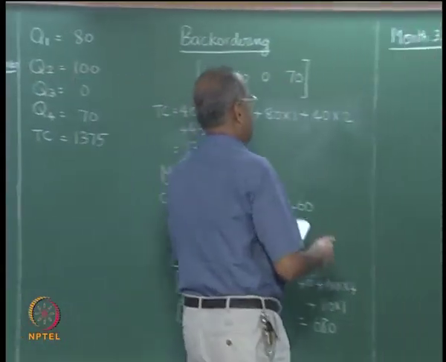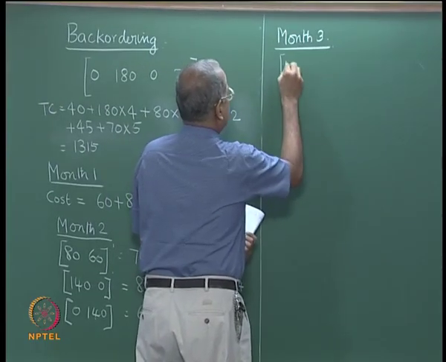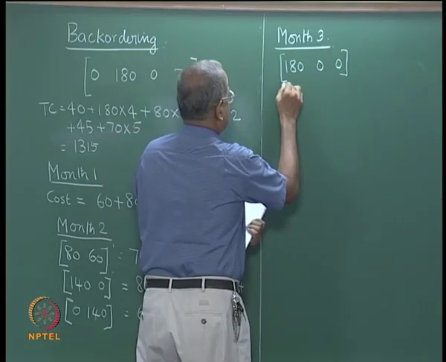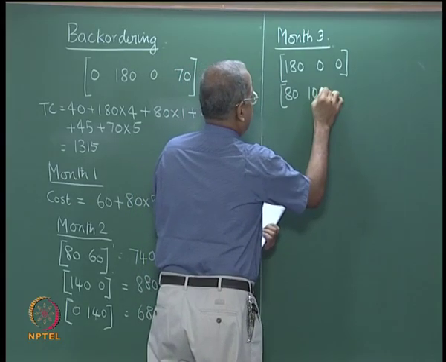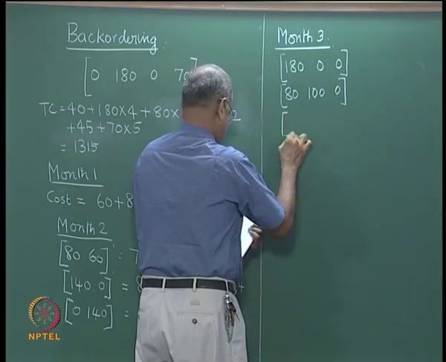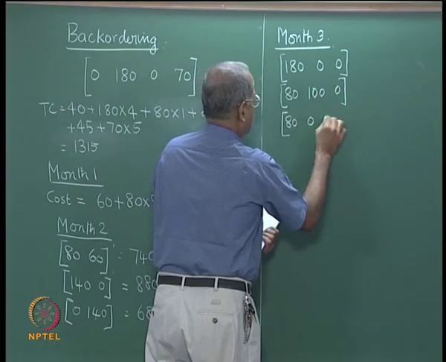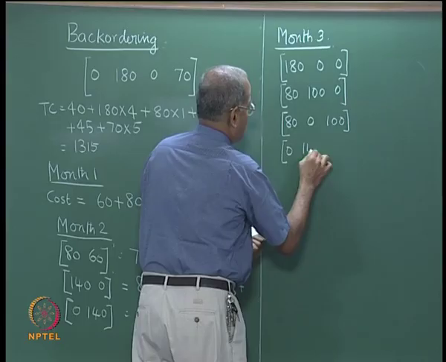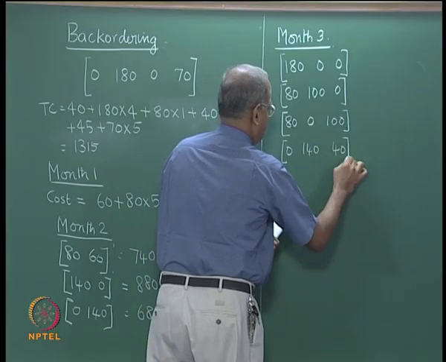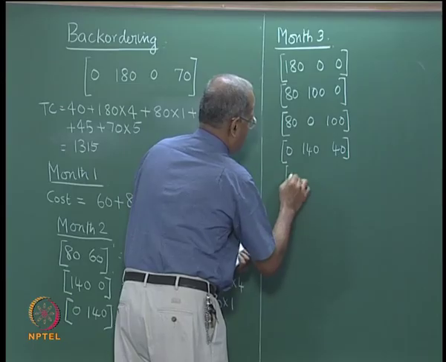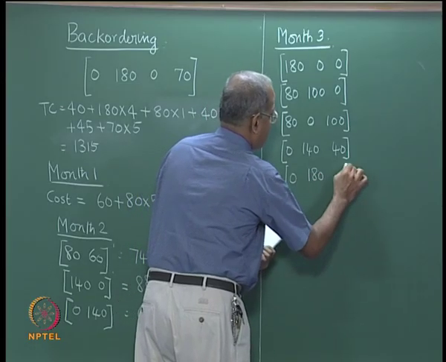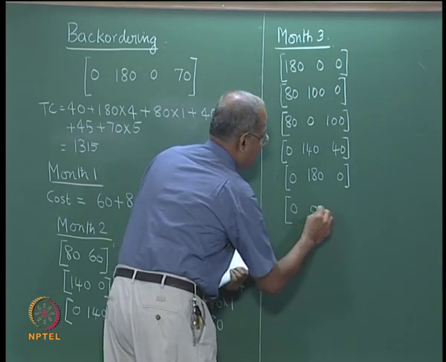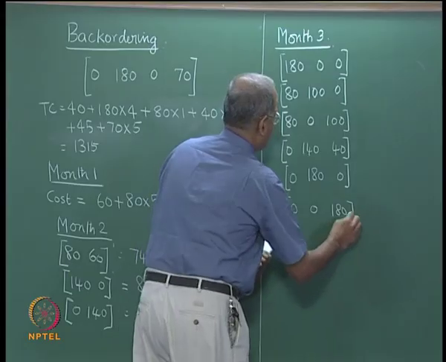Where we can look at several combinations for month 3. So, we could use 180/0/0, we could use 80/100/0, 80/0/100, 0/140/40, 0/180/0 and 0/0/180.